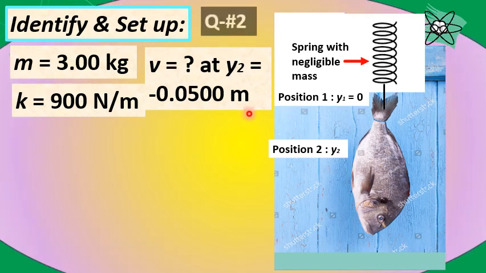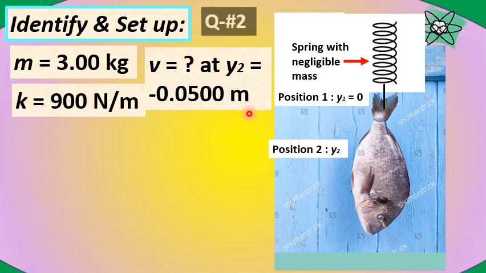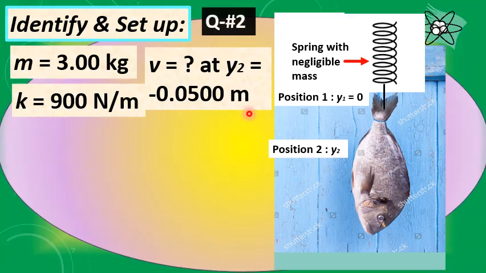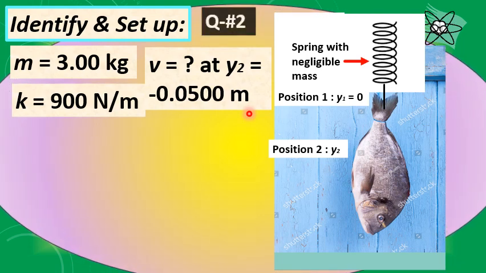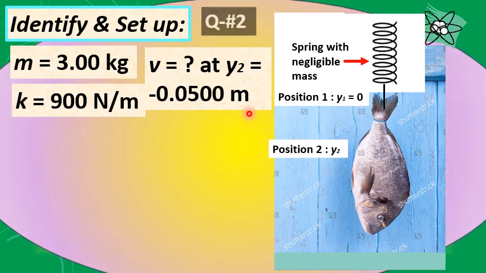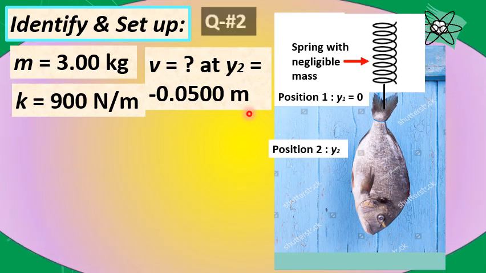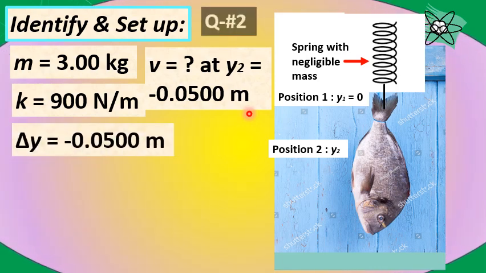So the displacement delta y, which is negative 0.0500 meter, is measured from the reference level, hence the negative sign.